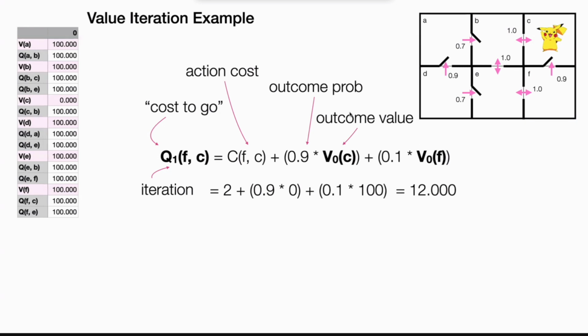But the key thing is that when we use these outcome values, we're calculating at iteration 1, and we're reading in the values from iteration 0, the previous iteration.